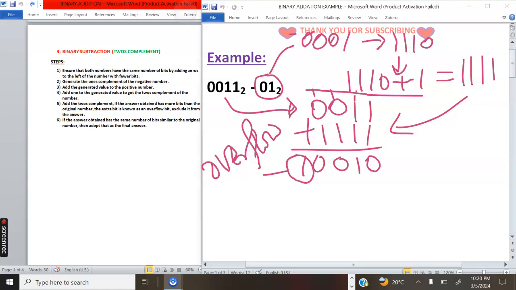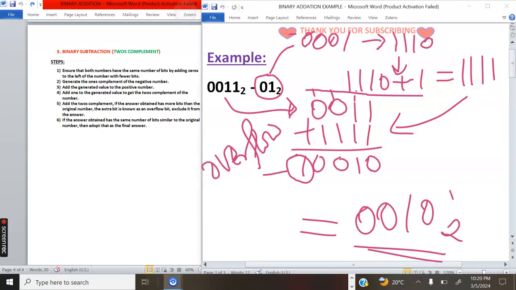Therefore, my final answer will be 0 0 1 0. That is our answer. So what we have done is excluded the 1. Hope up to that point we are together.